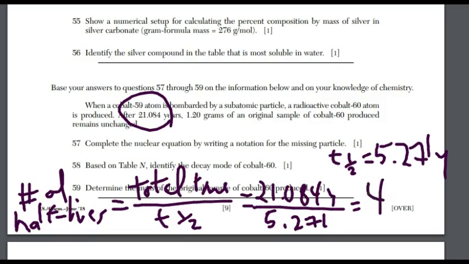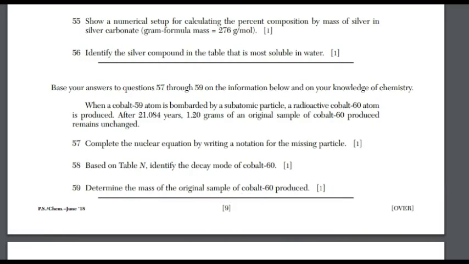Now I'm going to show you how to do that, but I'm going to go ahead and clear this so you can see it. All right, so we have 1.20 grams remaining. 5.271 years before that, we had double.